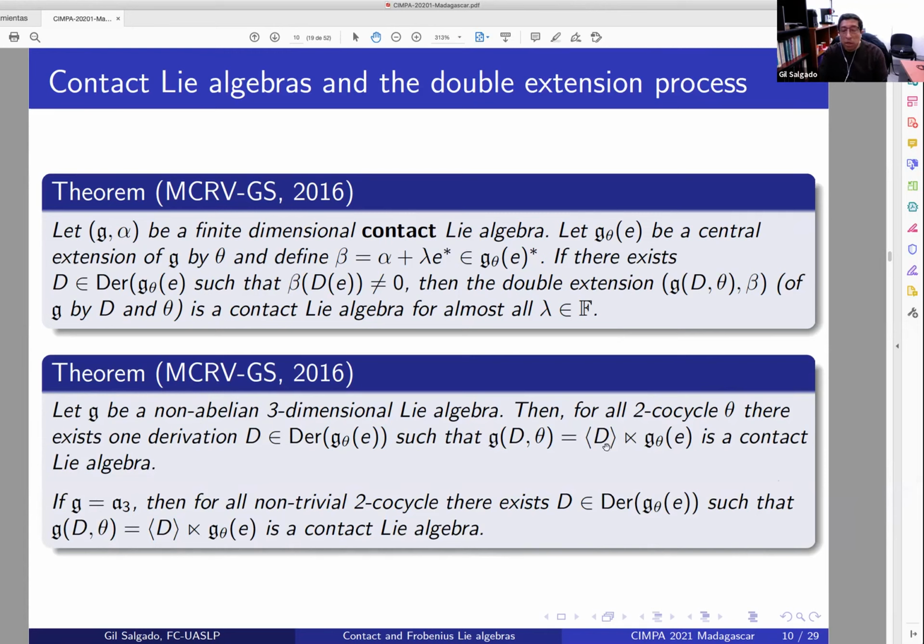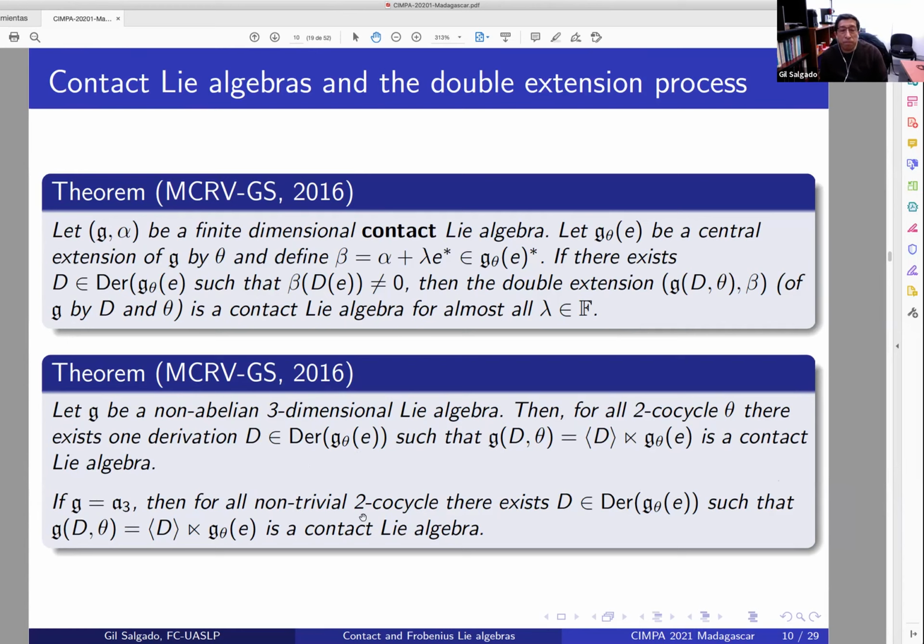In other words, you can implement the double extension process on any non-abelian three-dimensional Lie algebra, and you get a new contact Lie algebra. And if you start with the abelian three-dimensional Lie algebra, then you need to take a non-trivial 2-cocycle, and then there exists one derivation such that this condition holds. And then you can get a new contact Lie algebra.